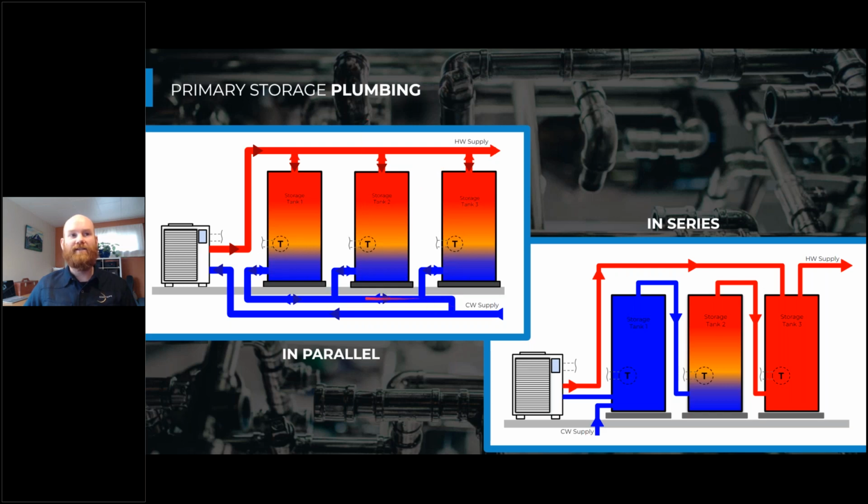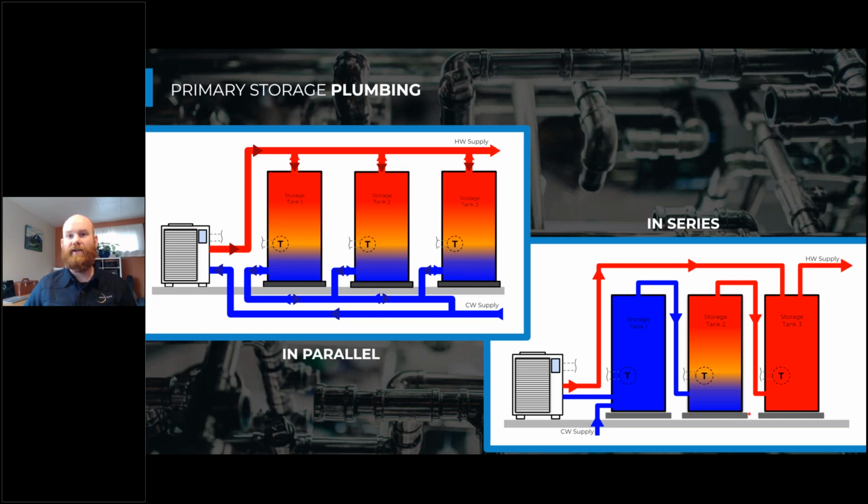So equal distance piping is one of the best ways that I've found to essentially balance those tanks and ensure that there will be uniform flow through multiple tanks in parallel. In series, we don't have that balancing requirement, and there's a little bit of a simpler control algorithm too here that we'll cover in later sessions next week.